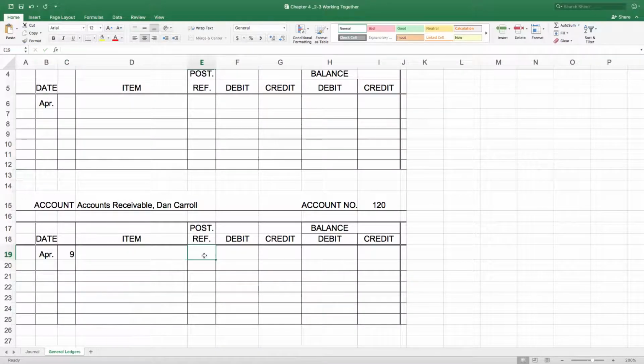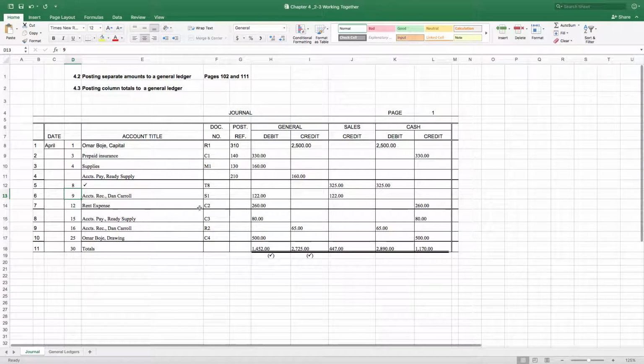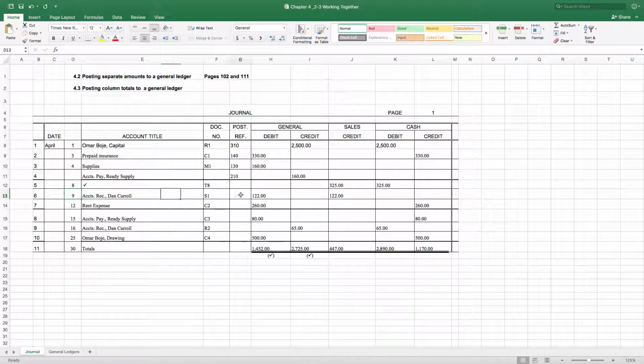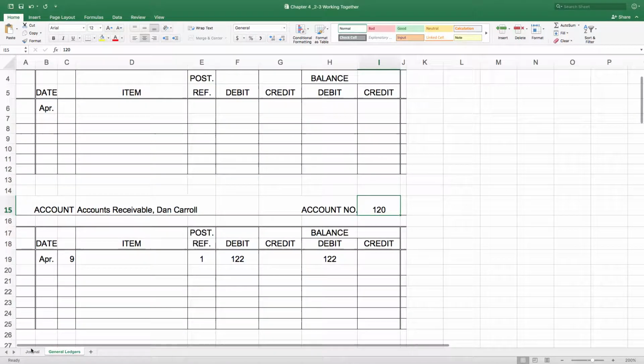We have page 1 of a journal, $122 debit entry, and $122 debit balance. Record the account number in the posting reference section of the journal, which should be right here. Okay. Account number is going to be 120.